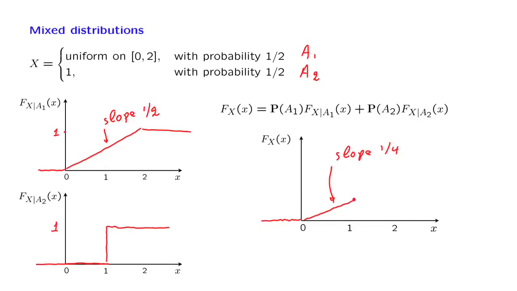Then we have a jump, and the size of that jump is going to be equal to 1/2. And then it continues at a slope of 1/4 until it reaches this value, and after that time it remains flat.